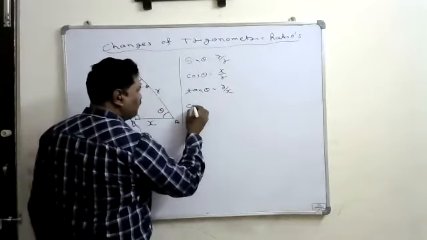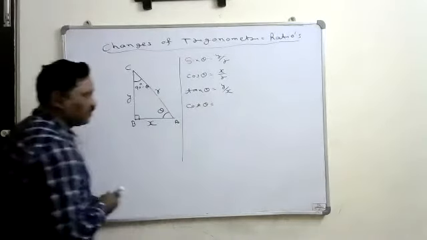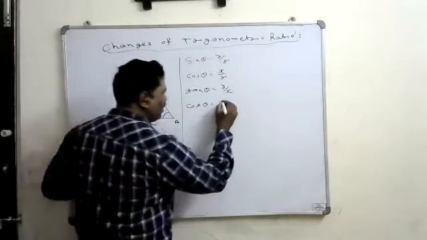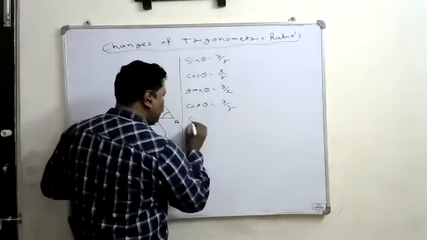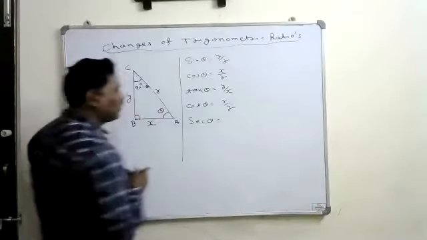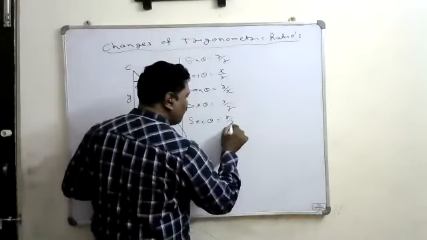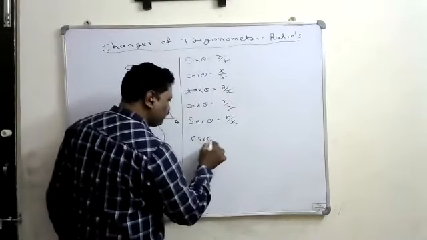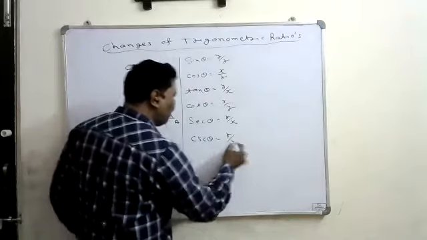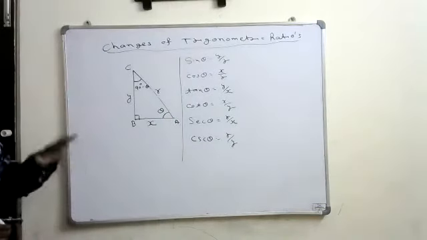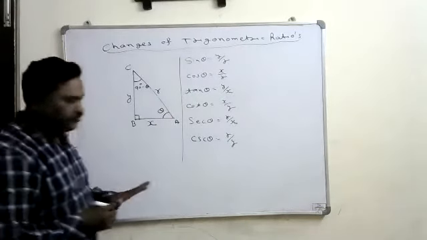What is the cot theta? X by y. What is the secant theta? R by x. What is the cosecant theta? R by y. Okay, these are the values of all the 6 trigonometric ratios.